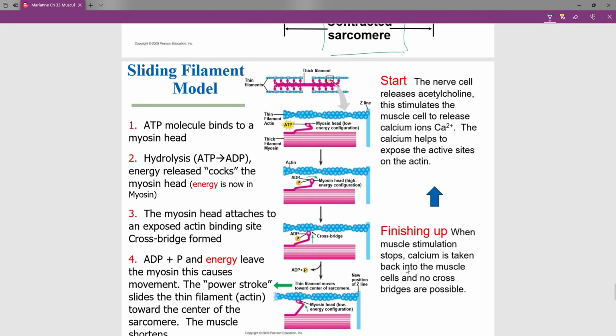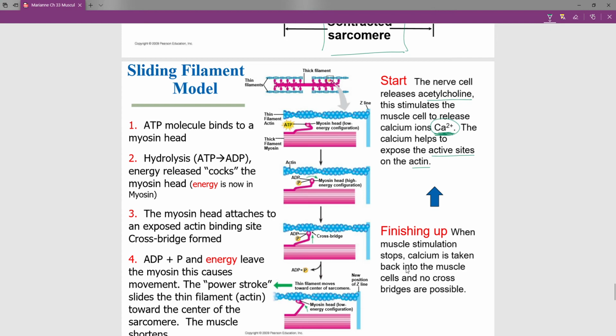So to start, there's a nerve cell that releases a neurotransmitter and causes the sarcoplasmic reticulum or the muscle cell to release a calcium ion. This is basically the thing that's going to help expose the active sites on the actin. So the actin has some guarding molecules that the calcium basically goes in and distracts.